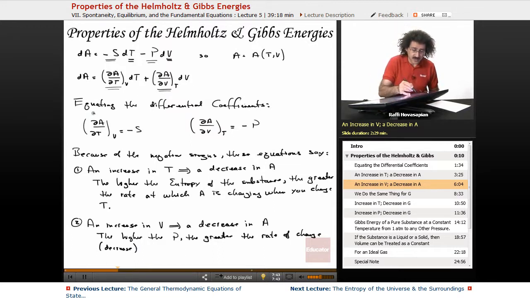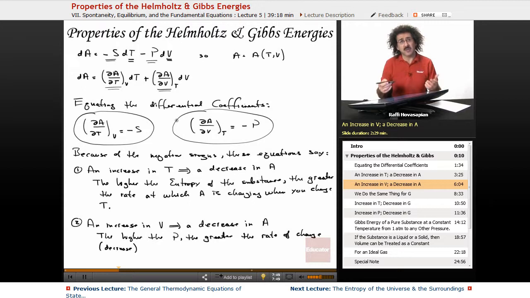It's very important. What we want to do here is cover every single base possible. As far as chemistry is concerned, we're going to be concerned with the Gibbs energy. We're not going to concern ourselves with the Helmholtz energy, but we need to know that it's there.